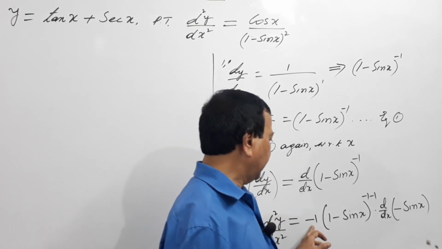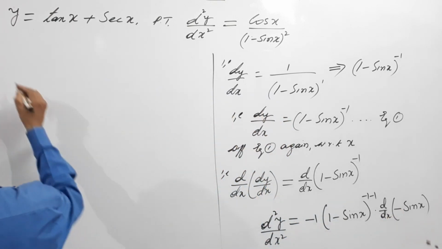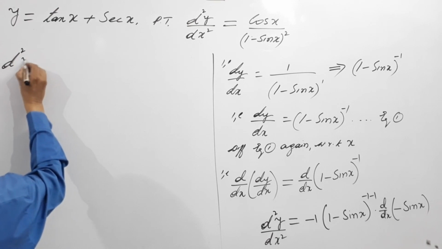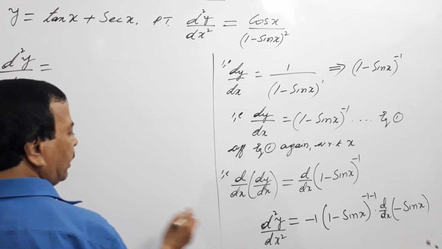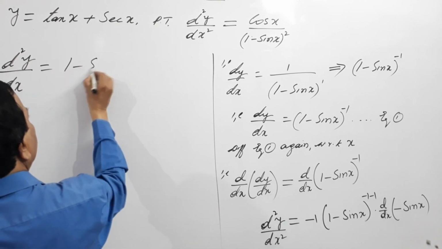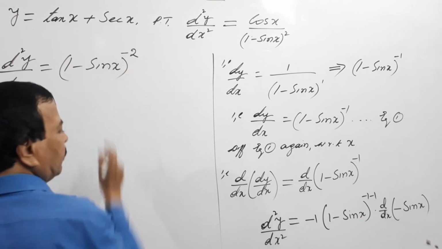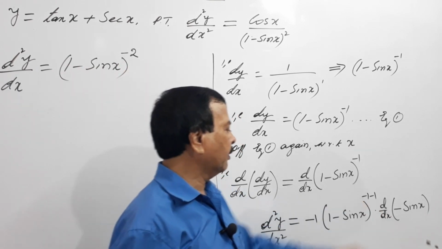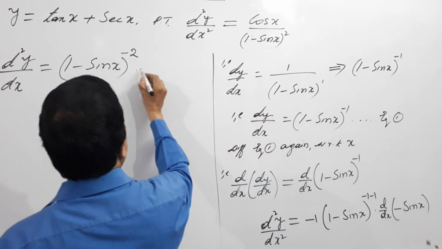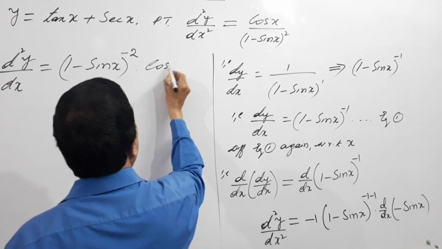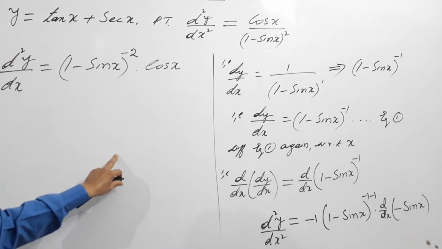We have a minus sign here and a minus sign. Minus into minus becomes plus. So d square y by dx square equals minus 1 becomes 1 minus sin x to the power of minus 2, and the derivative of sin x is cos x, into cos x. So what I will do, I will send this to the denominator.